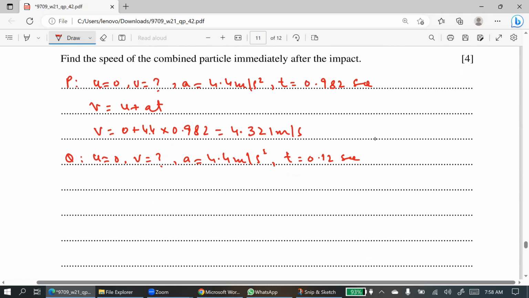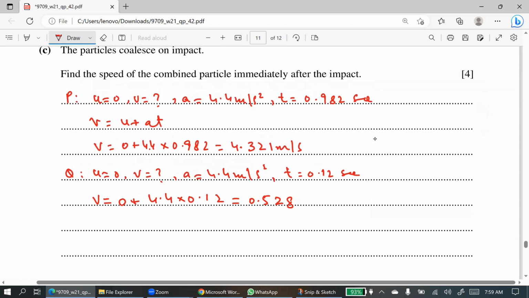Q की सिर्फ डाउनवर्ड मोशन को हम डिस्कस करेंगे क्योंकि पहली स्टेज में एक्सेलरेशन डिफरेंट था, हम इंस्टेंटेनियस रेस्ट के बाद दूसरी स्टेज को डिस्कस करेंगे। So we will again apply V is equal to U plus at: 0 plus 4.4 into 0.12. The final speed is 0.528.